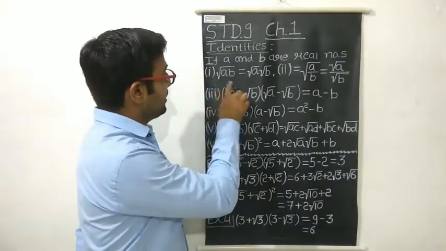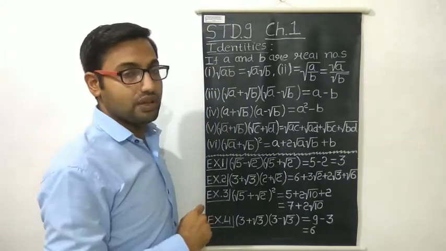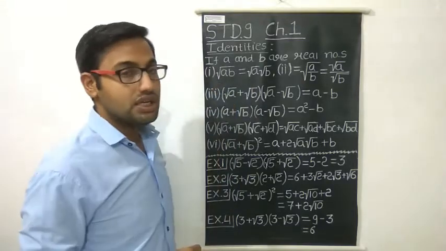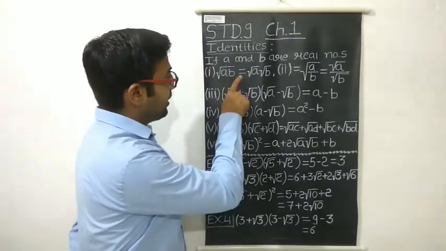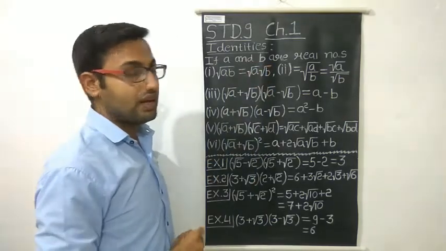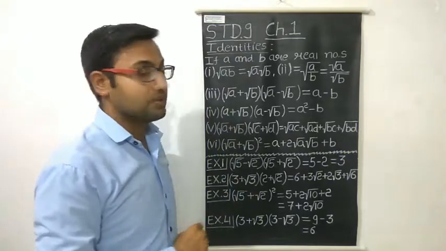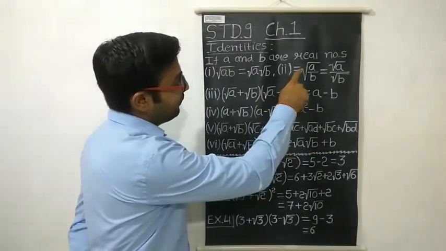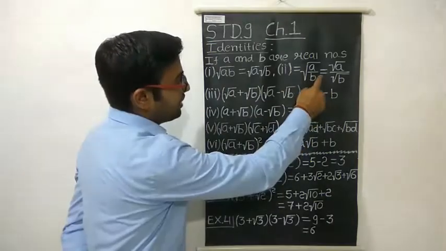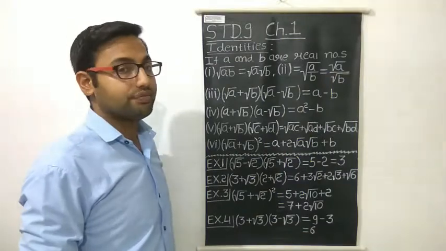Then the first identity is under root of A times B. That means if two numbers are in multiplication but under the square root, then we can write it as under root A multiplied by under root B. We can separate out the numbers. The second identity is, if under root A upon B is given, then we can write it separately as under root A divided by under root B.